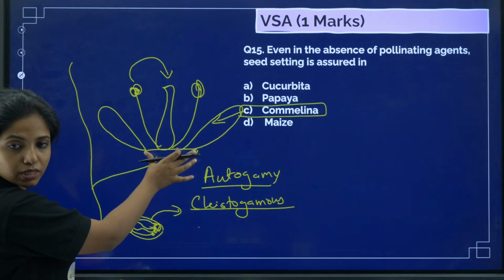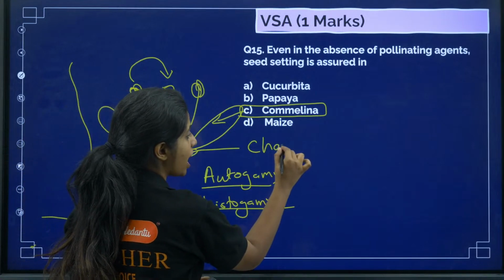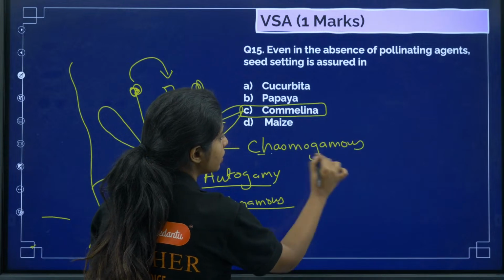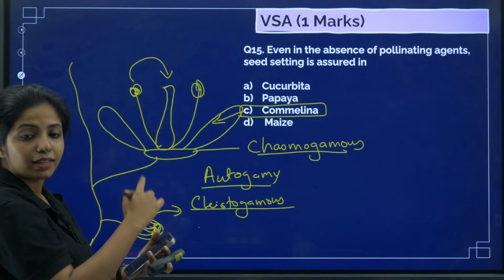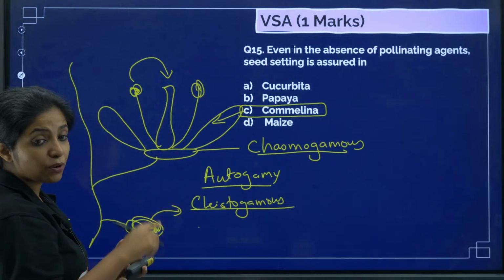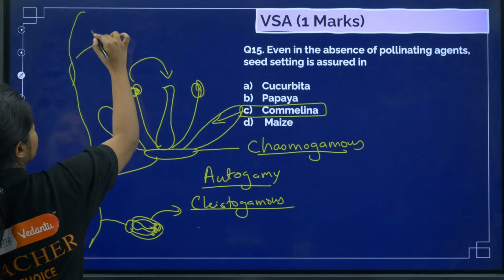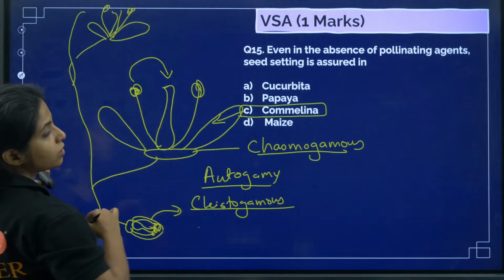What about the open flowers? In the same plant, they have open flowers as well. And what do you call them? You call them chasmogamous flowers. Now, do you think they are autogamous, my dear children? They can be autogamous, but they can be something else also. That means, in the same plant, if you have some other open flower like this, they have their stamen like this.